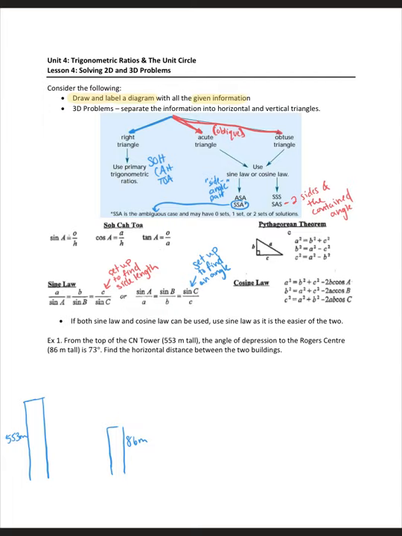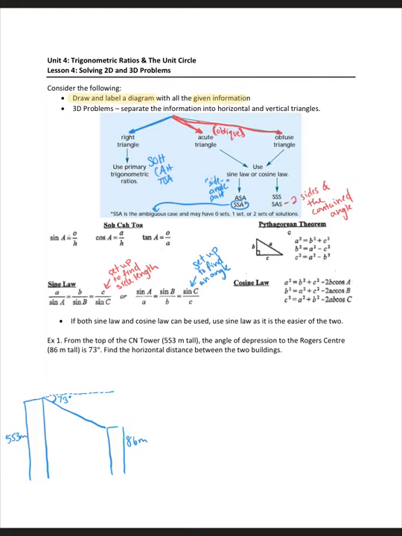The angle of depression is 73 degrees. So we're just going to draw an angle to the top of the Rogers Centre. And it says the angle of depression. So remember, the angle of depression is always made with the horizontal line. So in this case, it's an invisible kind of horizontal line, but that's going to be 73 degrees there.